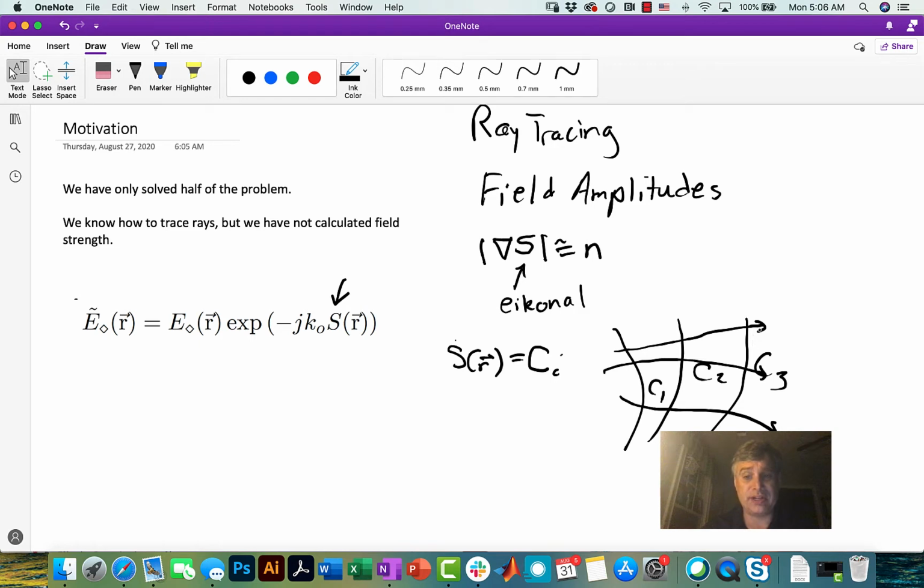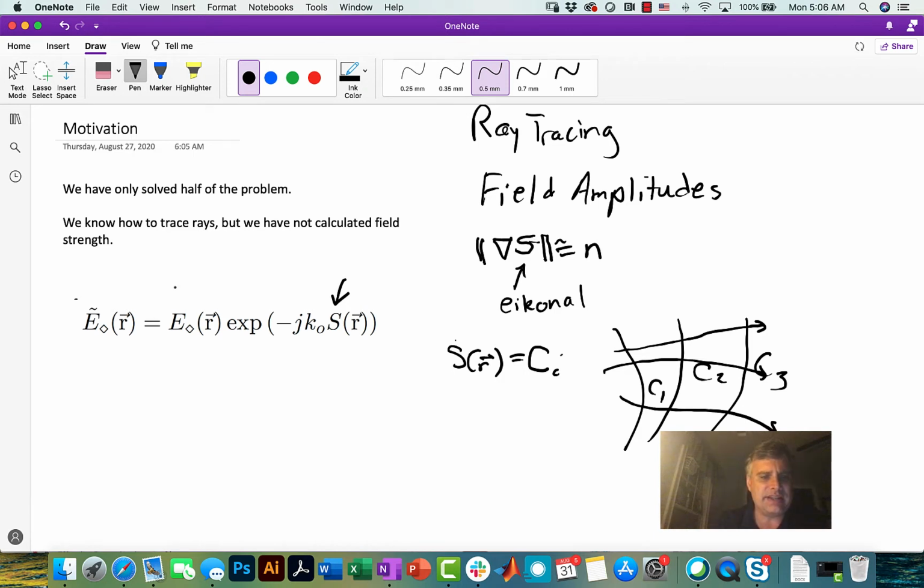Now, of course, we learned that in free space, rays are straight, and that the magnitude of the gradient of the eikonal is a constant. We usually use double lines to denote magnitude in this class, since the gradient of S is a vector.